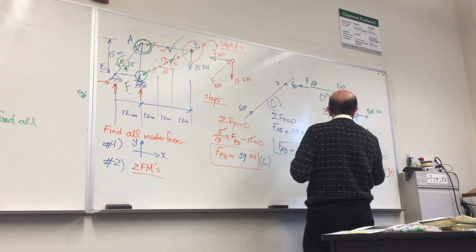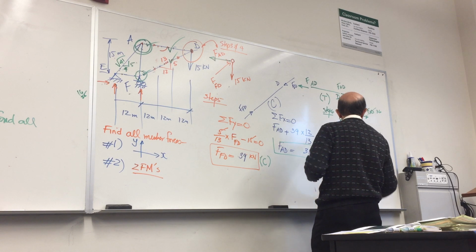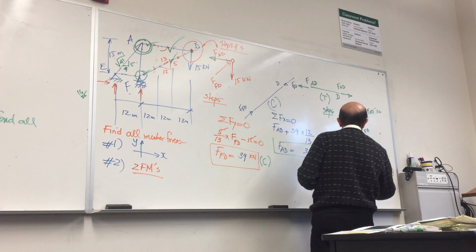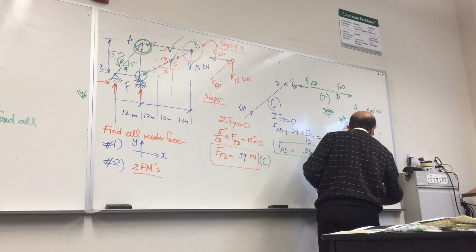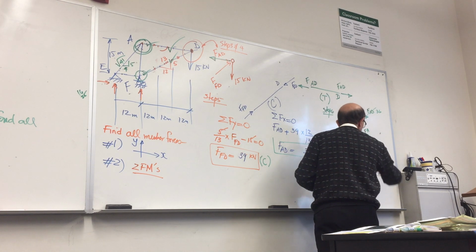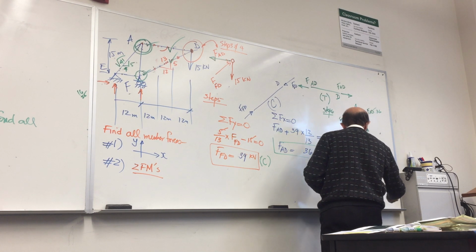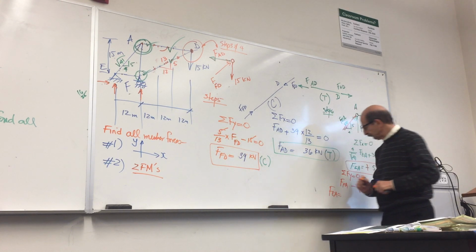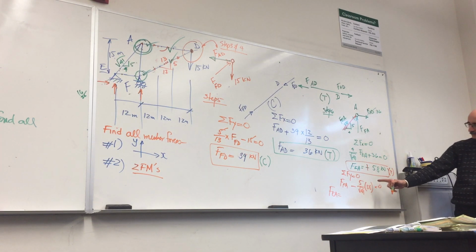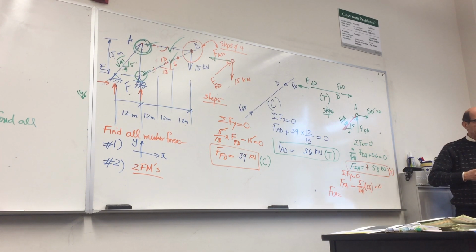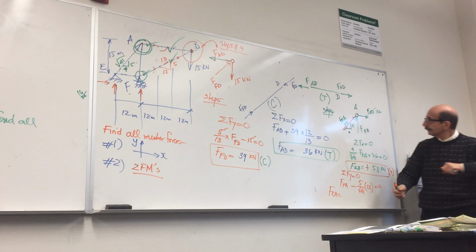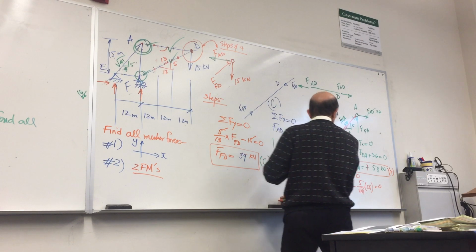Okay? Now you write summation of forces along y is equal to 0. So you have F of FA, right, minus 5 over square root 41 times 58, okay, is equal to 0. So F of FA comes out to be how much? 58 divided by square root 41 times 5. F of FA, I'm sorry. Yeah, this is FA, right?